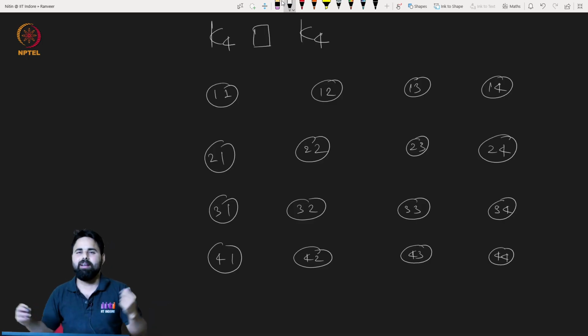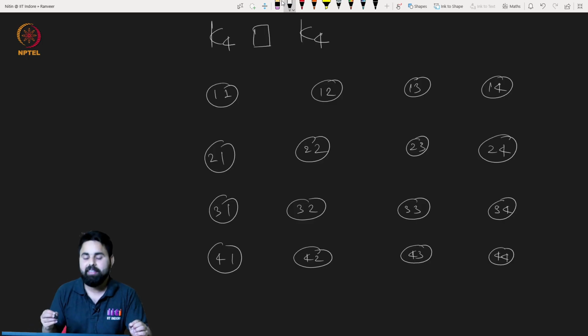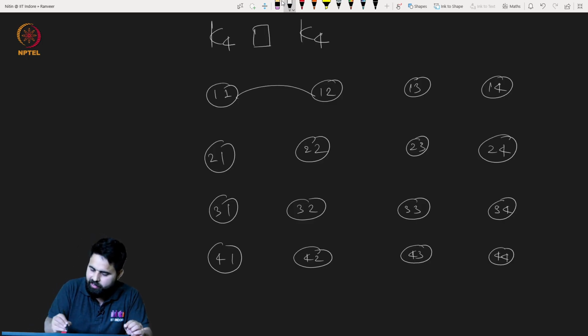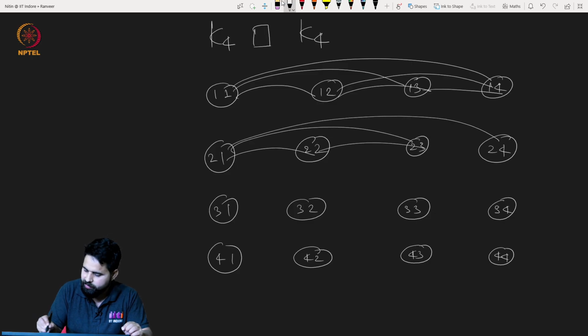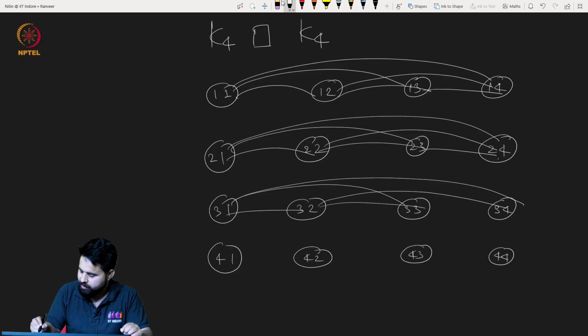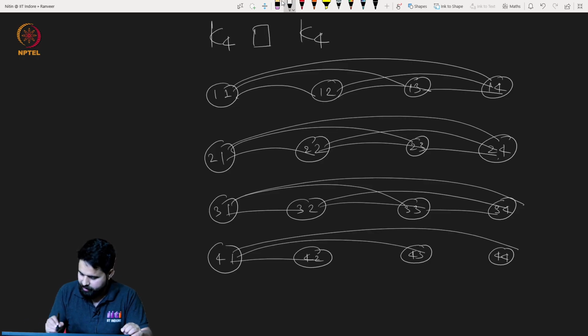Now I can put in the edges with the definition of the Cartesian product. So there will be an edge like this, then this. Similarly here, I hope I'm not missing anything. Very good. Great.